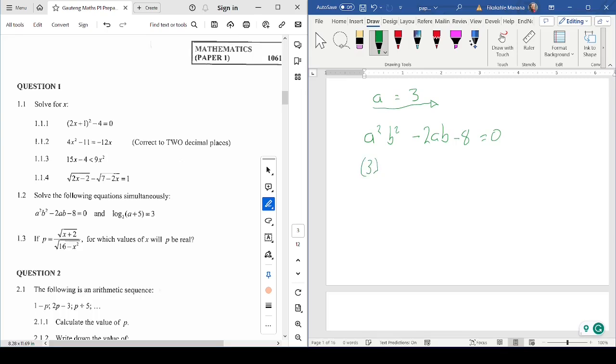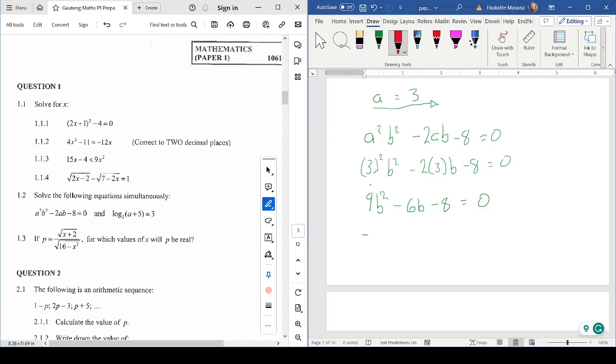So it's 3 to the power 2 B squared minus 2 times 3B minus 8. Remember, the whole idea is to solve for B. What is 3 squared? 3 times 3 is 9, B squared, minus 2 times 3 is 6, and then B minus 8. What I have now is a quadratic. My goodness, I'm using the quadratic formula over and over in this exam.